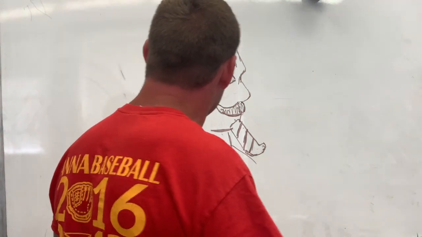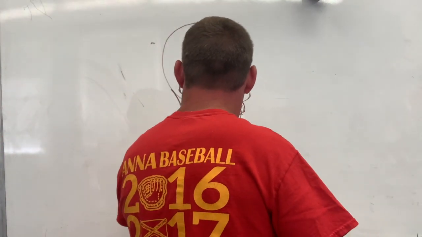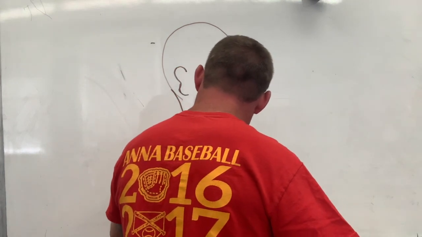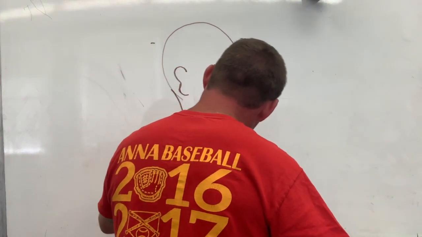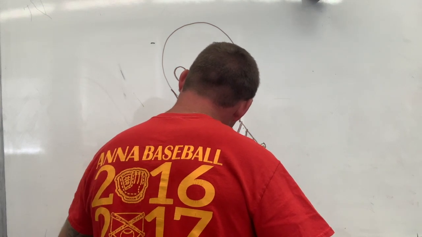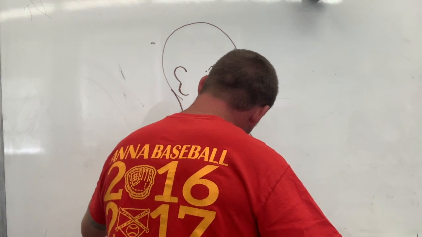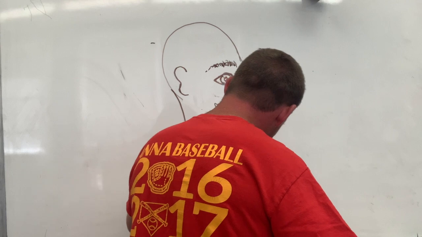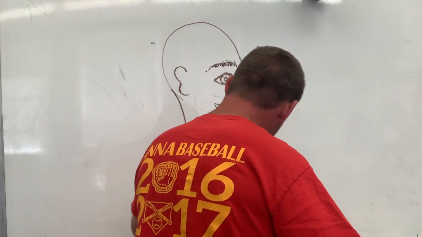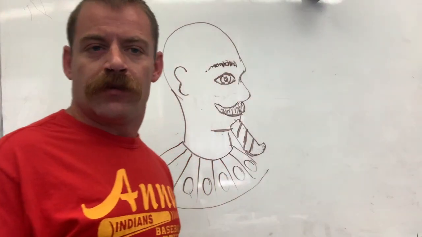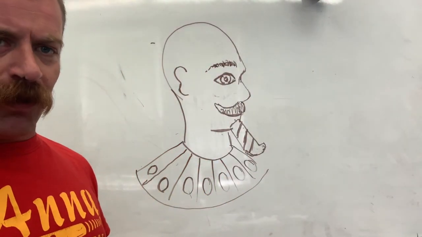Now I'm going to go ahead and add maybe a big necklace, as we saw in a lot of the photographs that I showed you. I'm going to go ahead and include another pattern here, maybe stripes with circles on the end. These could be jewels. And finally, I'm going to add a headdress.